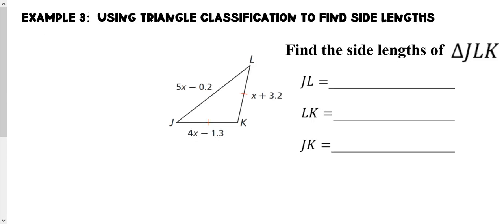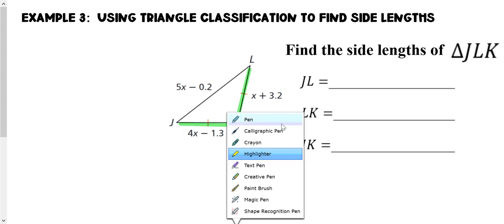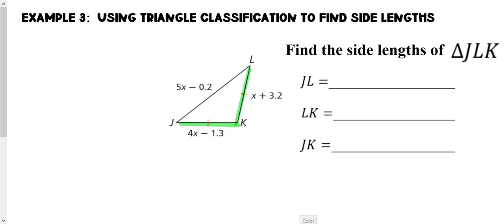All right, so let's use our classifications to find side lengths. Here we have a triangle, JLK. Can you see what kind of triangle it is? We've got congruent tick marks here, so JK and LK are congruent. So in terms of setting up an equation, we can set those two side lengths equal to each other so that we can solve for x.